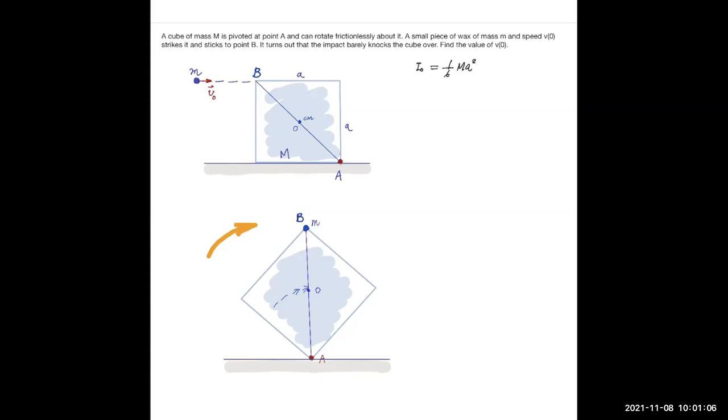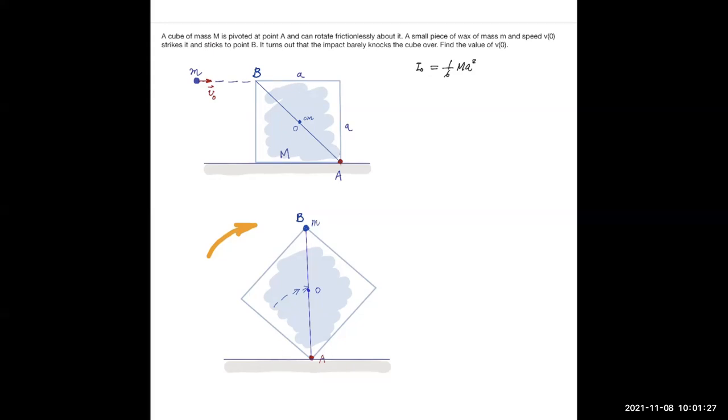What about conservation of linear momentum? What's the condition for that? The condition is no external force is present during the collision. Now, the system consists of the wax and this cube, right? And look at external force. Is there an external force? Well, actually there is.